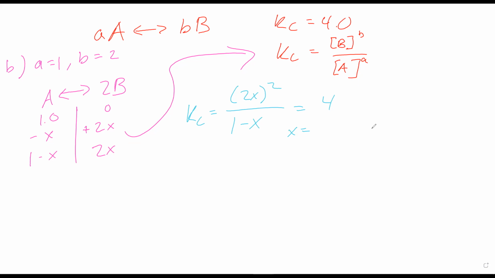A good reasonable estimate is always going to be the number that doesn't eat up all of your reactant, or the number that isn't greater than your reactant. Because if it's greater than your reactant, it doesn't make sense, right? You can't have negative reactant. So here we have 0.61. Plugging this all back in to find our equilibrium amounts.